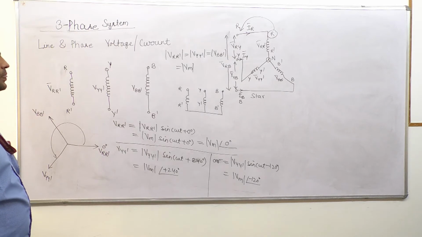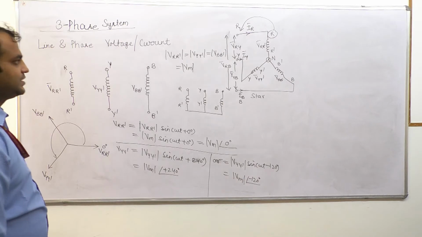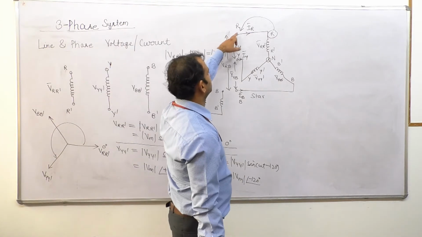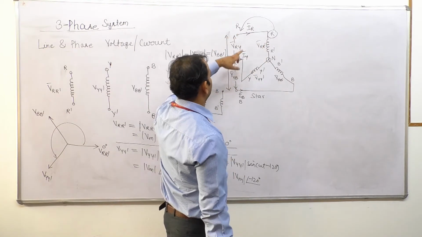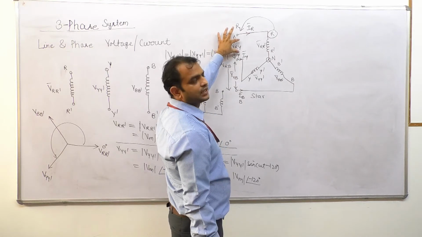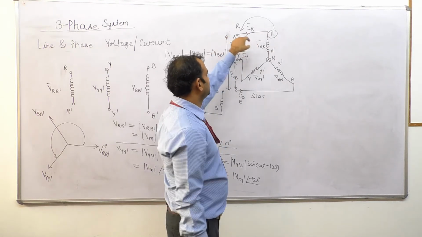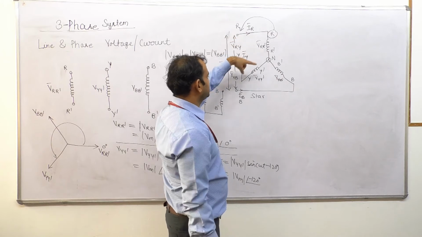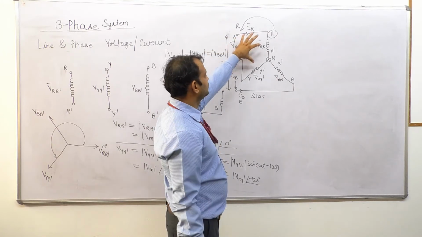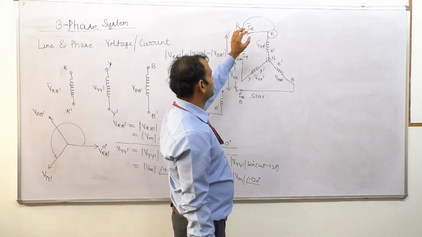Now, can we compare the voltage across the phases R dash, and where is the circuit formed? This is a closed circuit because there is a voltage applied, and that voltage is applied to these two phases, means two phases adjoin.